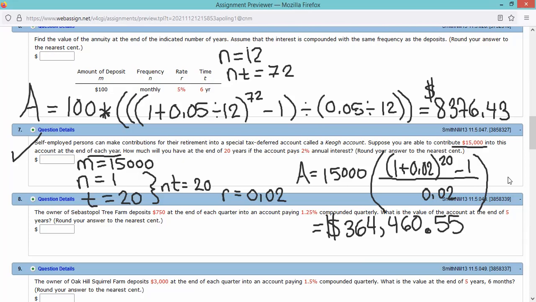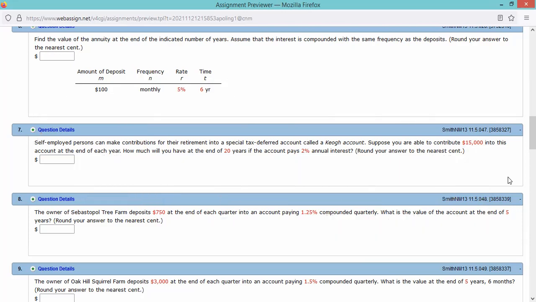And 8 reads, the owner of Sebastopol Tree Farm deposits $750 at the end of each quarter into an account paying 1.25% compounded quarterly. What is the value of the account at the end of 5 years? Okay, so here, let's clear this out.